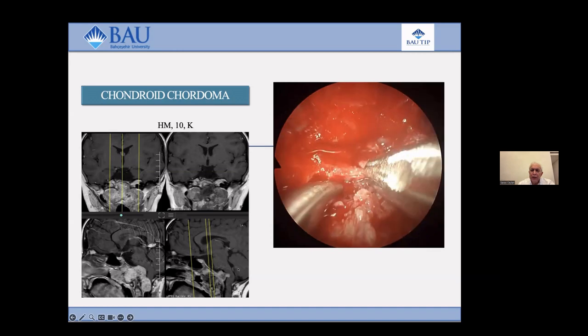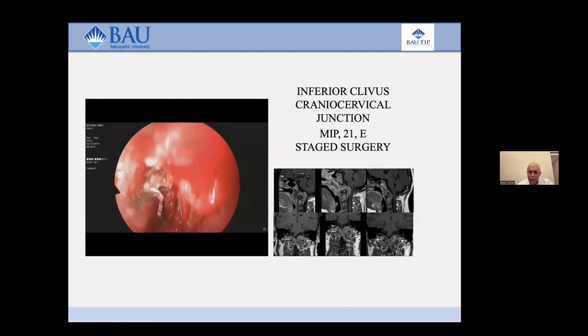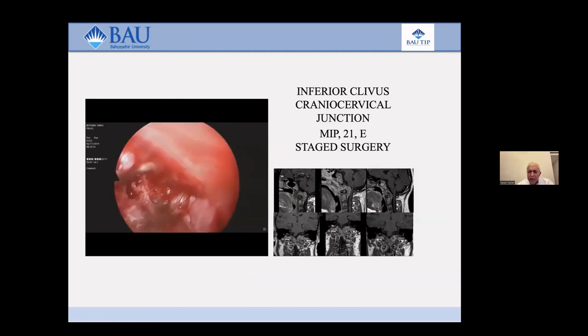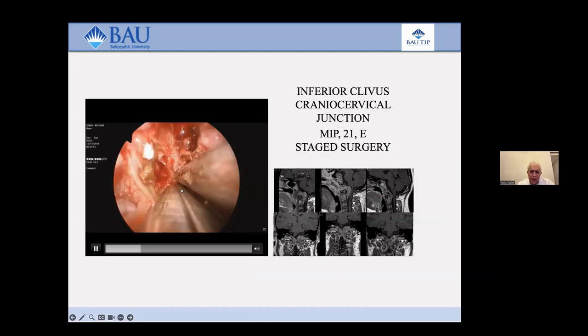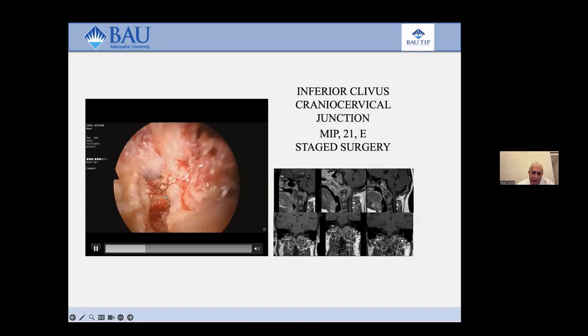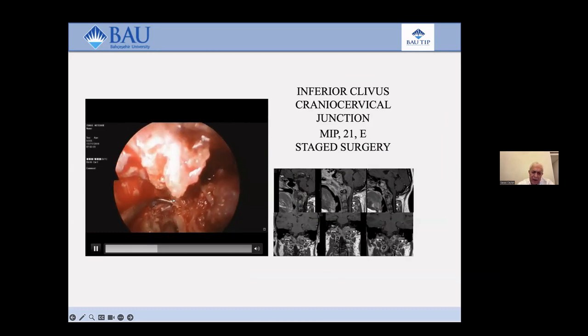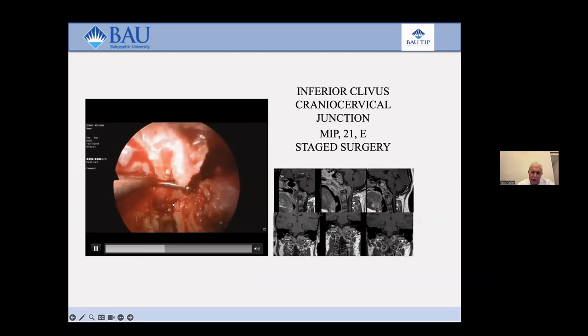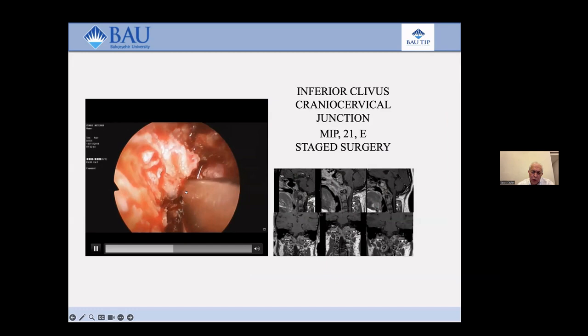In the other case, we performed staged surgery. In the first surgery, we removed the lower clival tumor, and in the second surgery, we performed a transodontoid approach and reached the C1 arc and the left lateral side. The C1 anterior arc was removed, and then we reached the condyle.